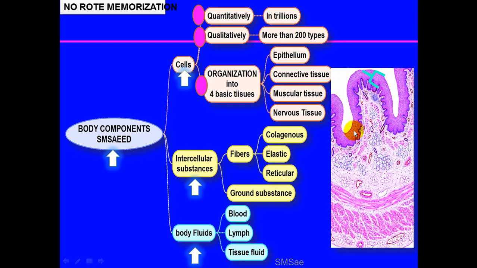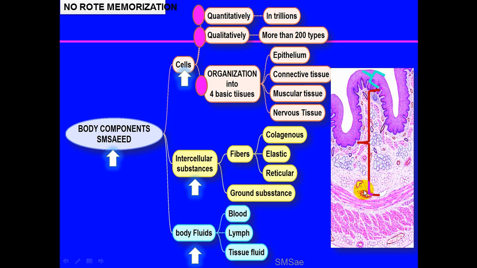It is known as stratified epithelium, and stratified epithelium are specialized in protection. Below the epithelium, you have what is known as the connective tissue, which we are going to study in later weeks.